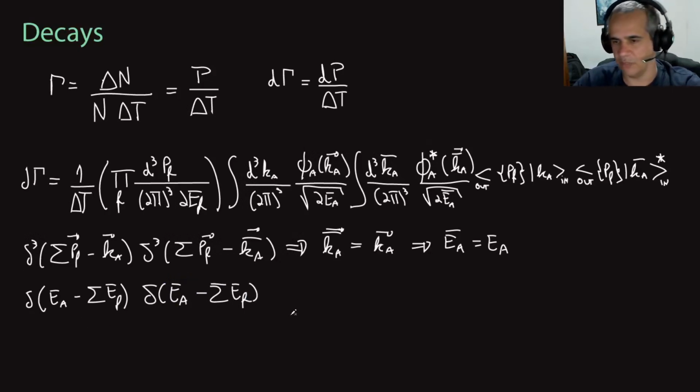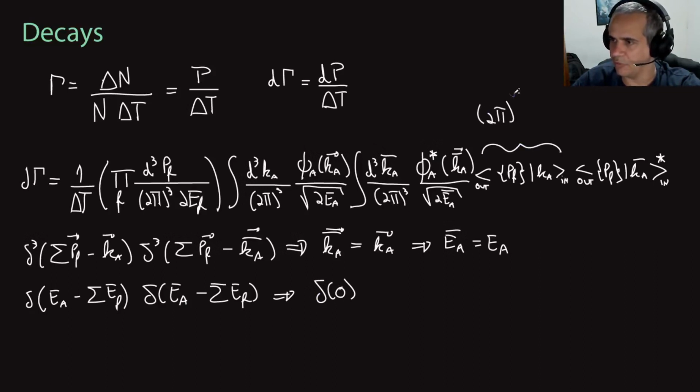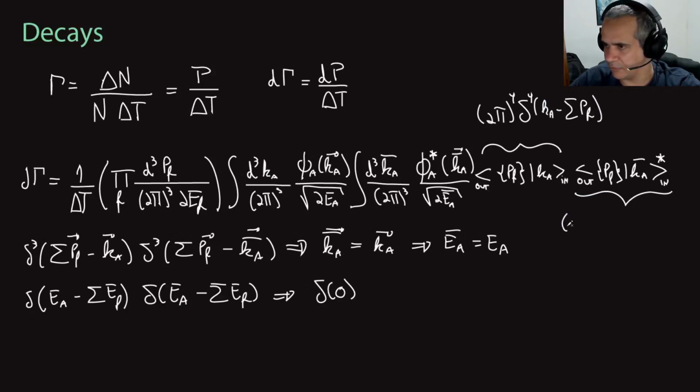So of these 2 deltas, one implies that the other is just a delta of 0, right? Which is not a problem, it's actually expected. Notice too that from these 2 factors, this one I'll keep in the final answer, the sum of PF for momenta. This one I'll keep till the end. This is the one I'm messing with, right?